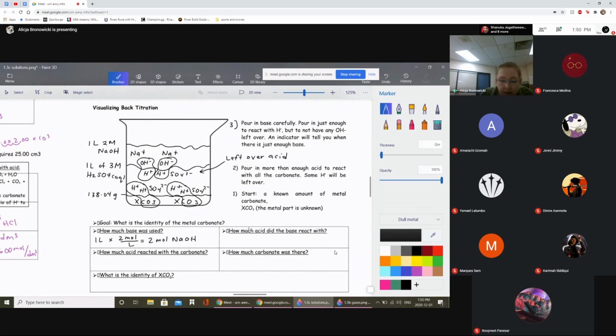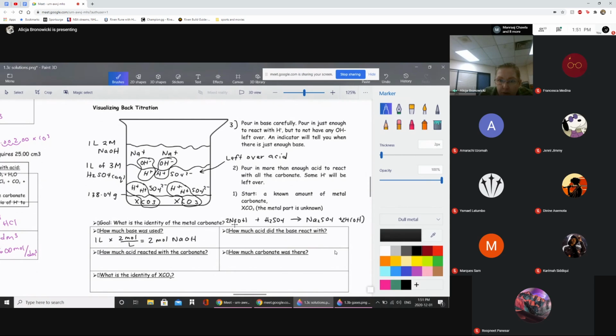So how much acid did the base react with? Well, if I have 2 moles of sodium hydroxide, let's write out an equation. NaOH plus H2SO4 gives me Na2SO4 plus HOH. Let's balance it. Put a 2 there and put a 2 here. So it's a 1-to-2 ratio.